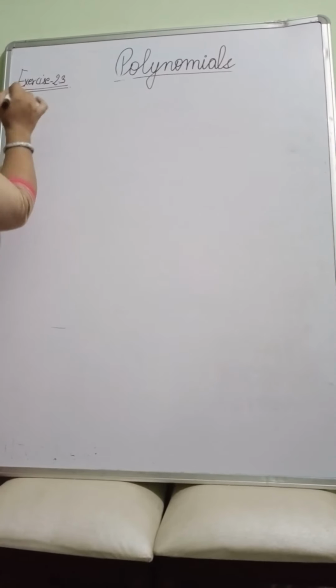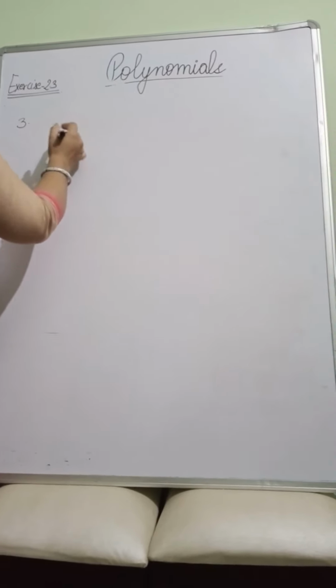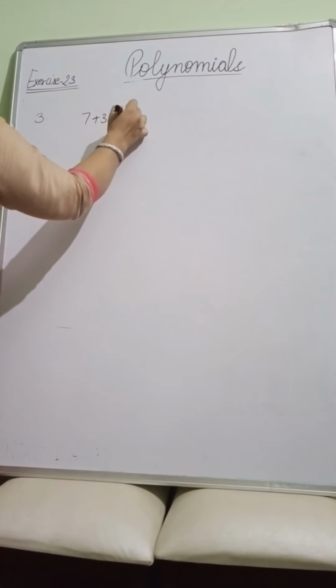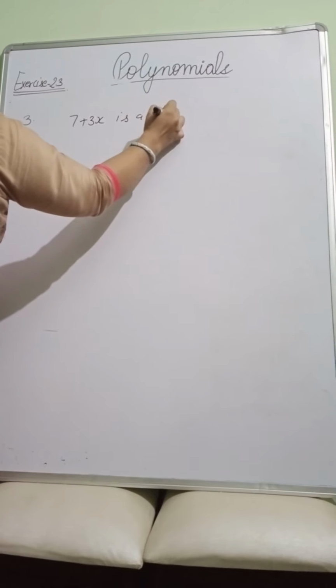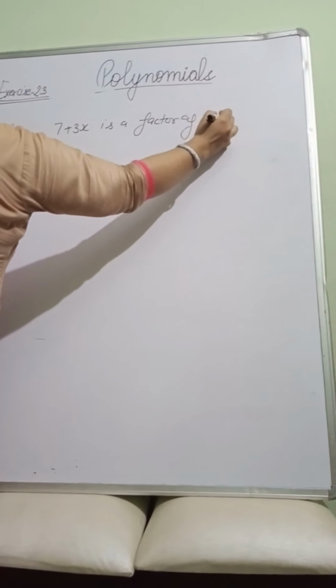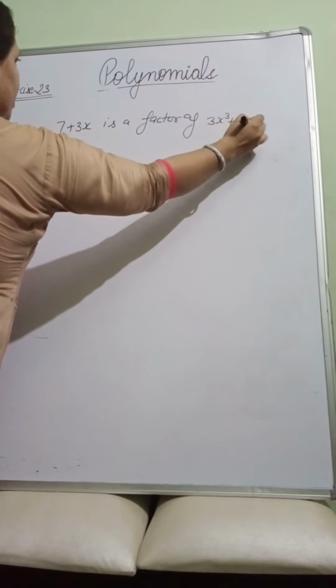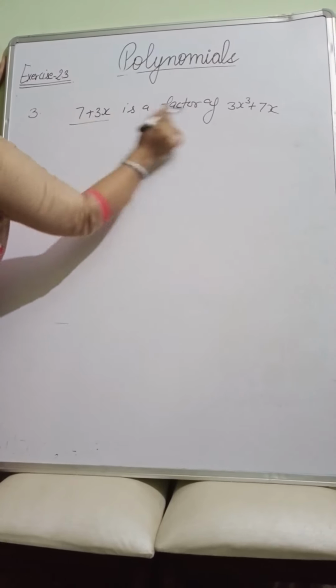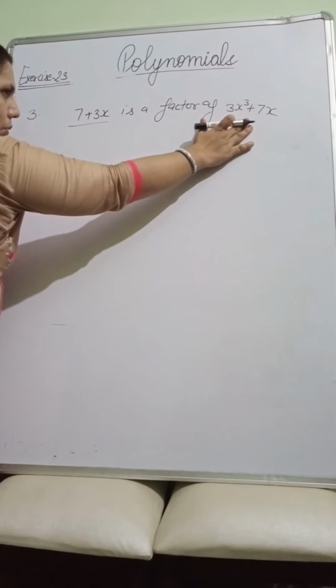Now, coming to question third. Check whether 7 plus 3x is a factor of 3x cube plus 7x. What do we have to tell in this question, student? We have to tell whether this is a factor of this polynomial or not.